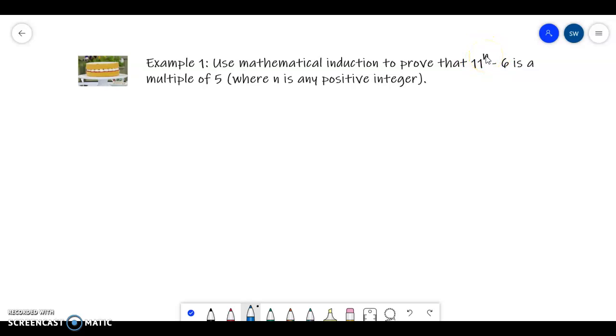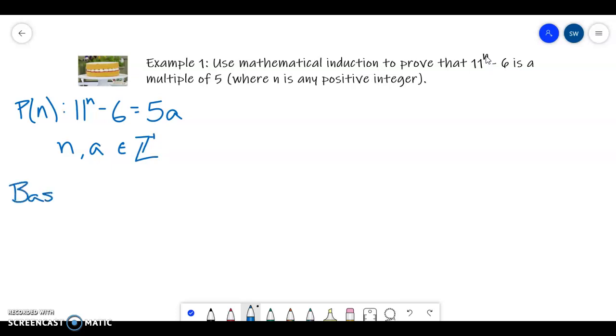So what we usually do is define it as, this is the notation I see most often, P(n), and we say that's equal to 11^n minus 6, which we want to be equal to some 5a, or whatever you want to call it, where in this case n and a have to be positive integers.